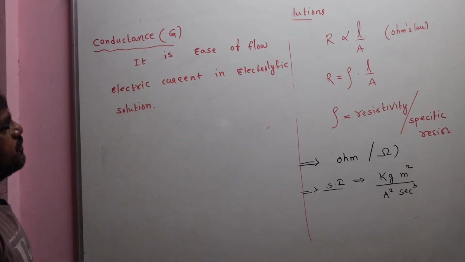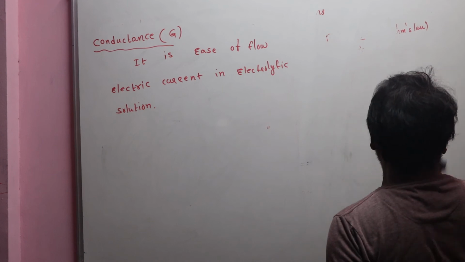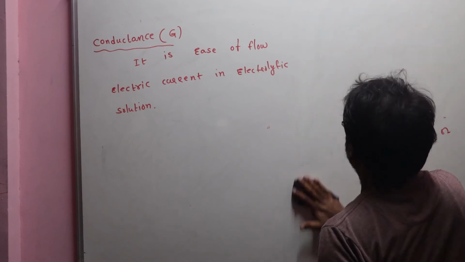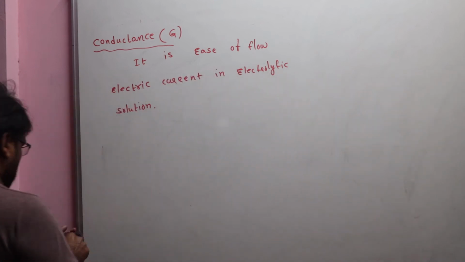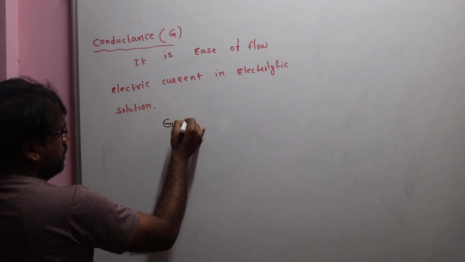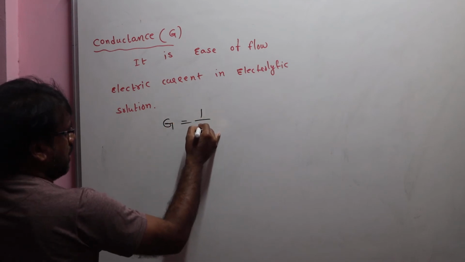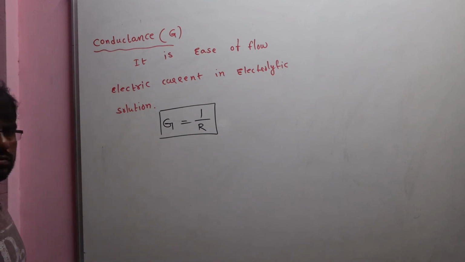So this is the definition of conductance, and conductance is also known as the reciprocal of resistance. Then G is equal to 1 by R.